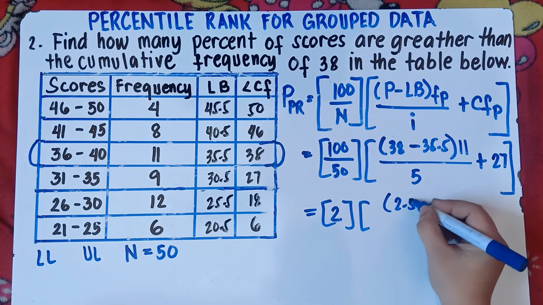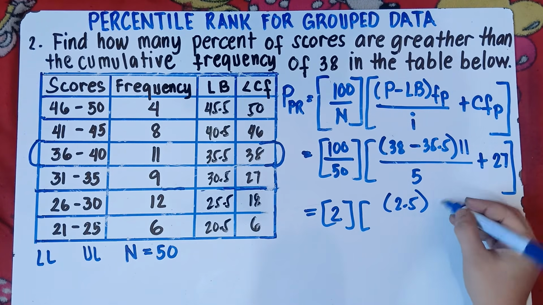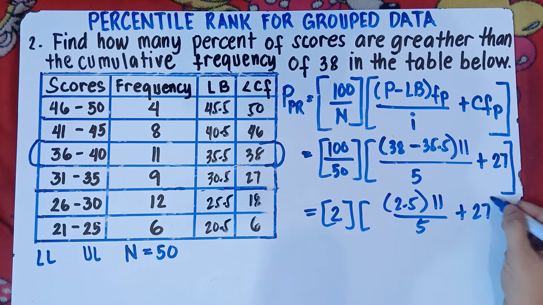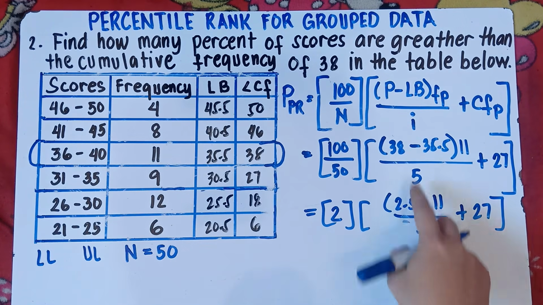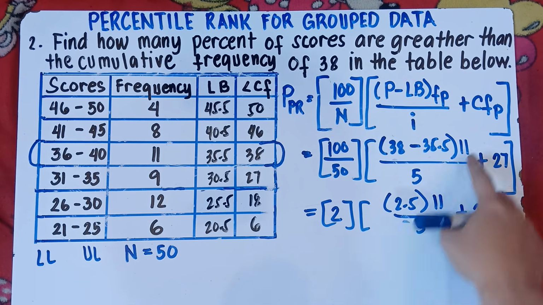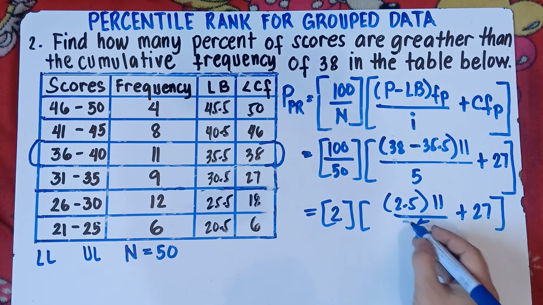So this will be 2.5 times 11 over 5, plus 27. Once again, this 2.5 came from 38 minus 35.5. Then copy 11 over 5.